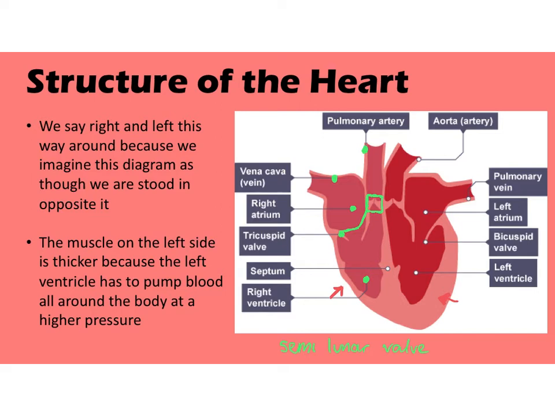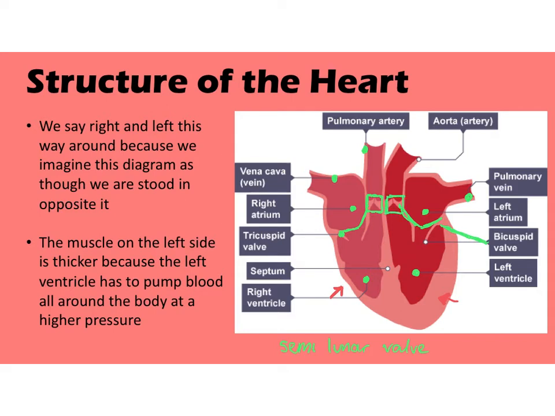And then when the blood comes back from the lungs, it comes back into the heart through the pulmonary vein over here into the left atrium. So remember, now the blood is oxygenated, so this is the red side of the heart. When the blood is in the atrium, this valve, which is called the bicuspid valve, is closed, and then when the blood moves from the left atrium into the left ventricle, the bicuspid valve will open, the blood will move into the left ventricle, which is here, and then the valve will close again.